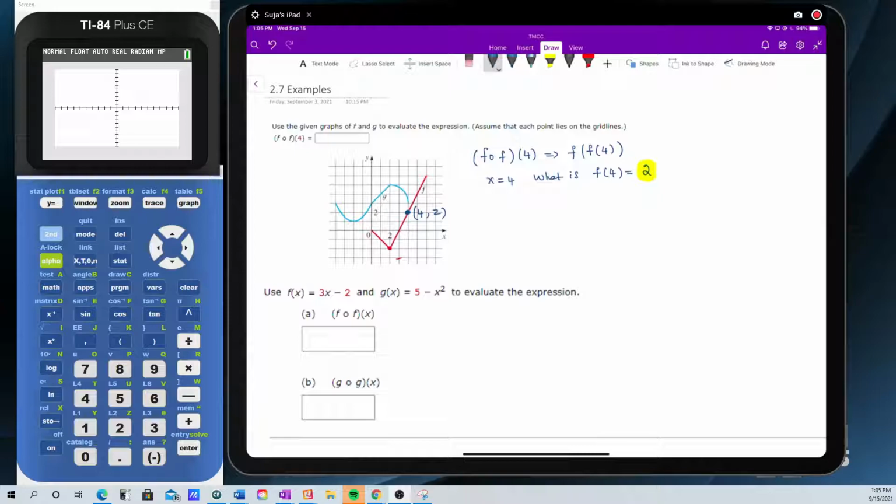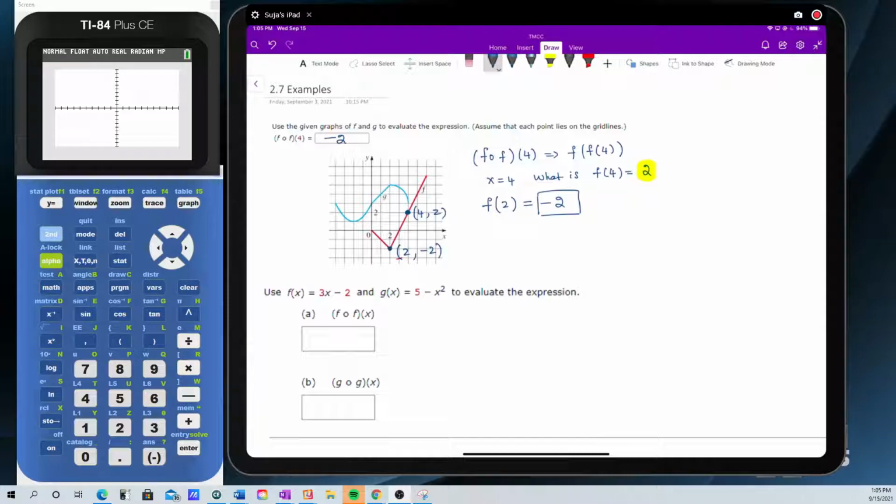Okay, now this 2 is going to be the input for the next function. So when I do f of 4, I'm looking for f of 2, which is going to be when x is 2, my y value is -1, -2. And that's telling me that the final answer for f composed with f of 4 is -2.